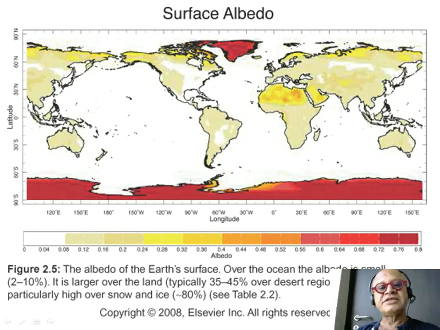We mentioned deserts being highly reflective, so you can see the Sahara, Middle East, Gobi Desert and so on, and there are the Himalayan glaciers reflecting some, but not as bright as here because they are dirty. They are called debris covered glaciers, so they have a lot of rocks and sediments in them. Okay, and of course there is snow at high latitudes over Siberia and so on.